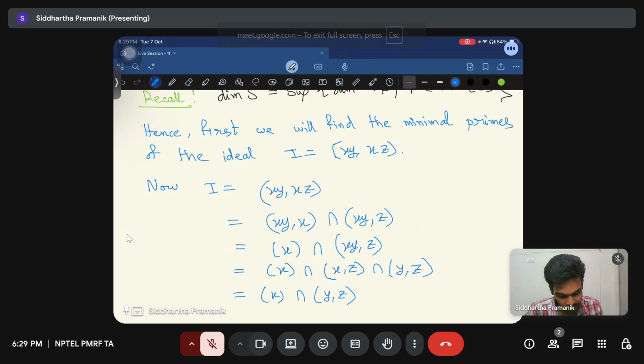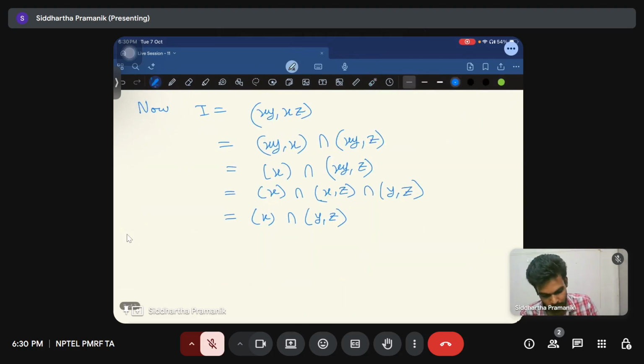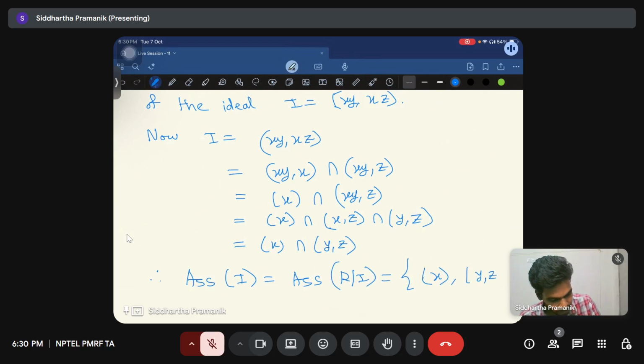So our ideal I is basically the intersection of these two prime ideals. So we can write the associated primes of I, which are just the associated primes of R mod I, as the ideal (x) and the ideal (y, z).